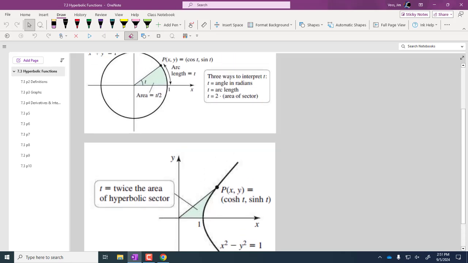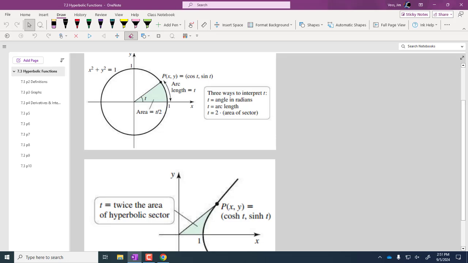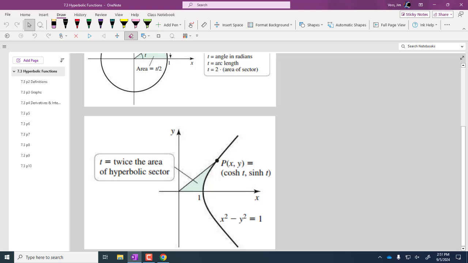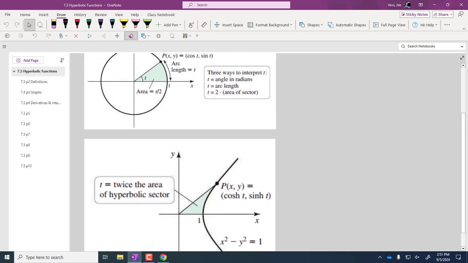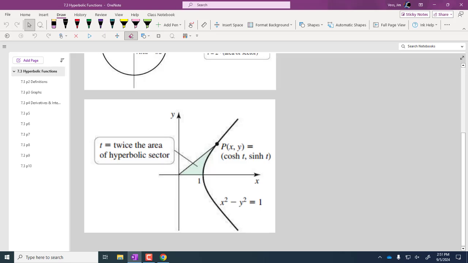Now there is one thing that is common to both, and that is this area right here. If you look at a sector area in a unit circle, that area is t over 2, and it's the same idea. So the area is t over 2, so in other words, t is 2 times this area. And that's the same case with the hyperbolics, that the t value that you see in your hyperbolics will be twice that hyperbolic area.